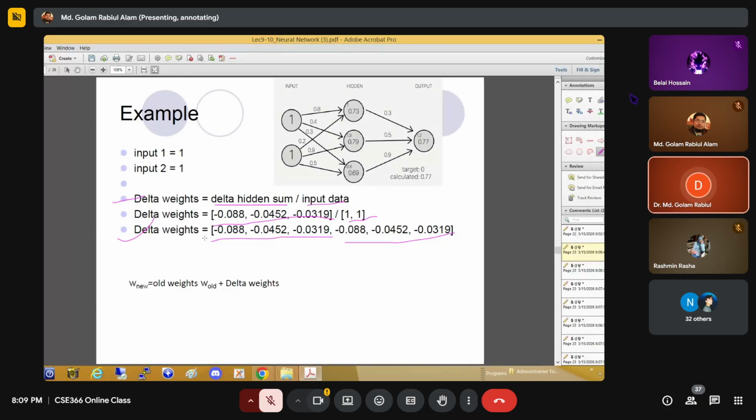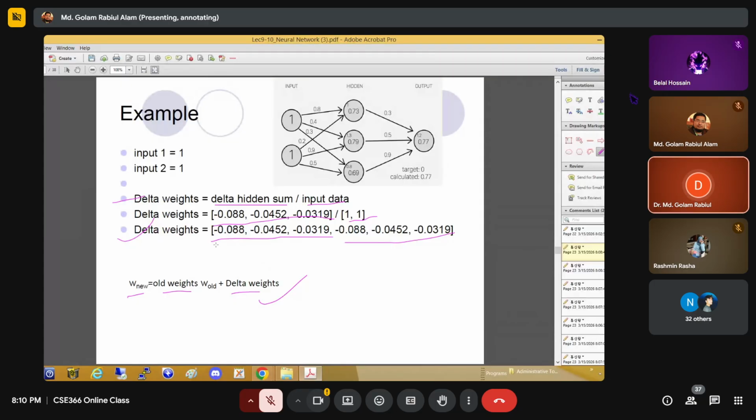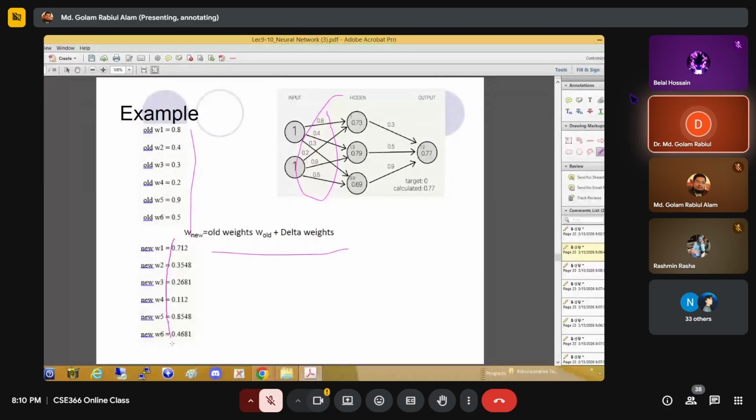Now we already got the delta weights, so we can update our weights utilizing this equation: previous weights plus delta weights gives the new weights. Here we can see these are our previous weights. Then utilize the delta weights values, and we will get our updated weights.